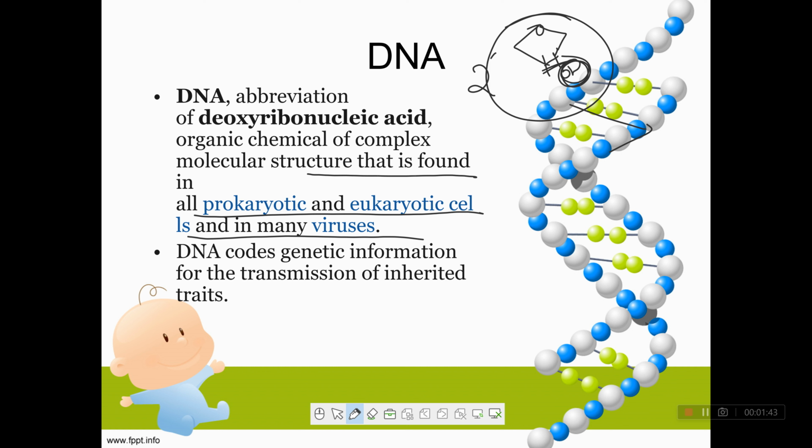This DNA is inherited from one generation to the next generation. That's why there is a transfer of characters from one generation to the next with the help of DNA, deoxyribonucleic acid.